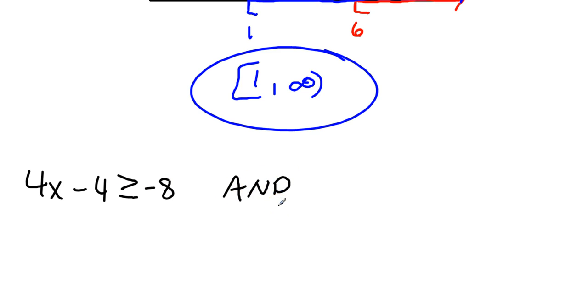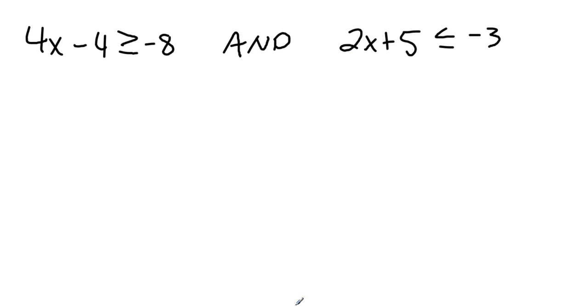And they'll actually use the AND part of this one, because to get a trick question with the AND statements, you almost have to have two separate inequalities the way it's written. Not necessarily, but most of the time. So 4x minus 4 greater than or equal to negative 8, and 2x plus 5 is less than or equal to negative 3. And again, with the AND, that really means it's the overlap. You're looking for the intersection of those two things.